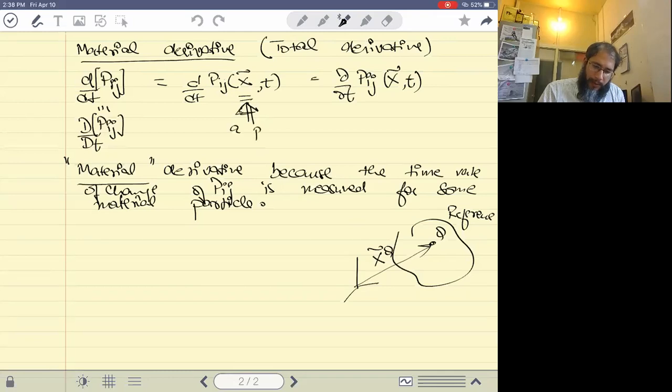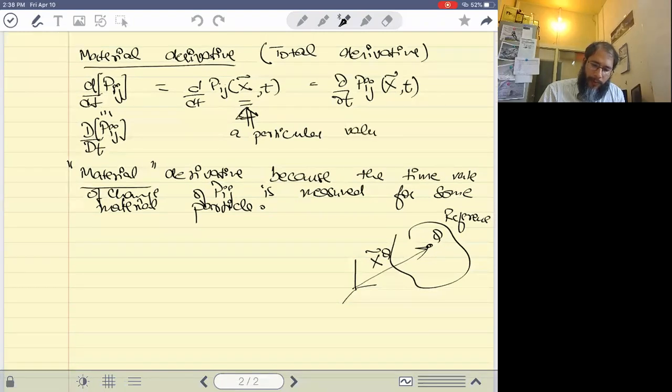So a particular value refers to a particular material particle.